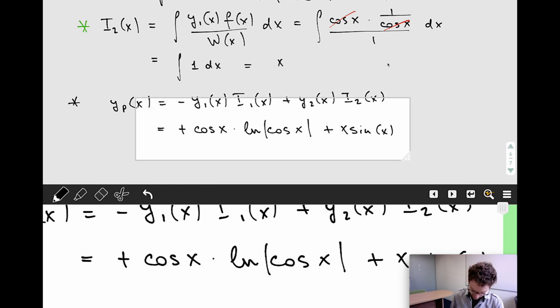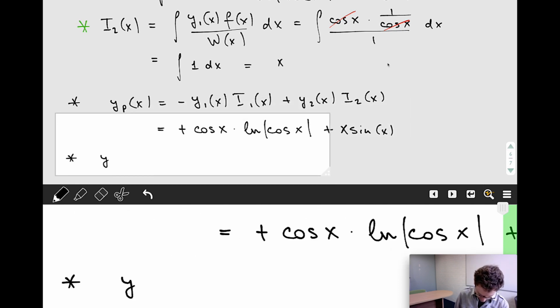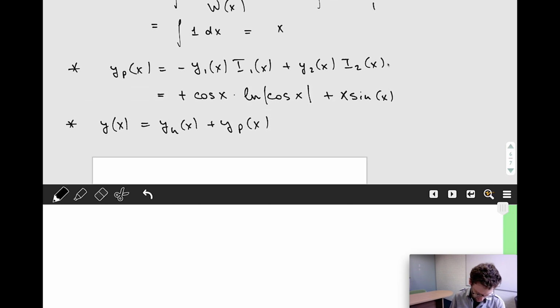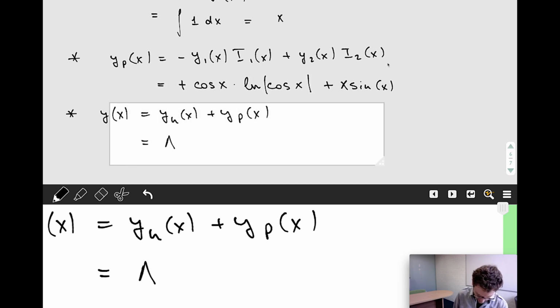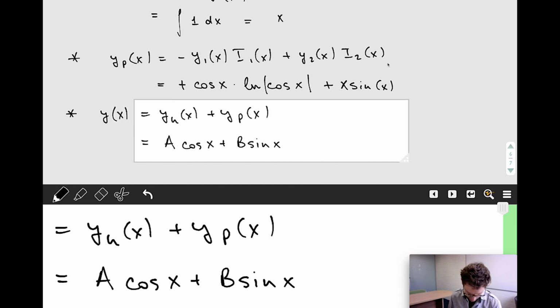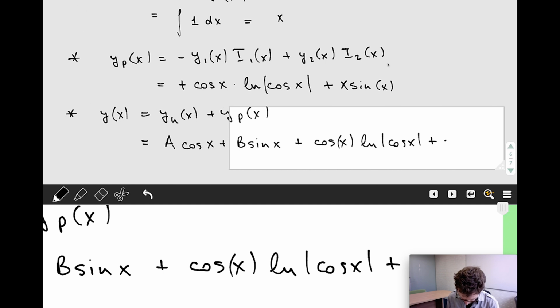Here's my particular solution. And so the full solution is the sum of the homogeneous piece and the particular piece. So that is a cosine of x plus b sine of x. That's the homogeneous part. And we have the particular solution. So plus cosine x times log of cosine of x plus x sine x.